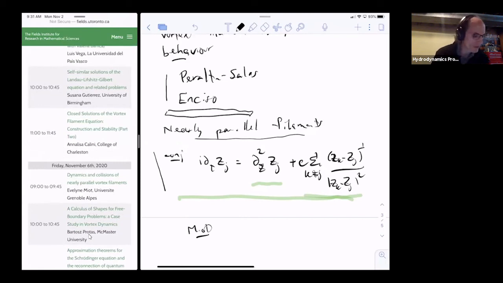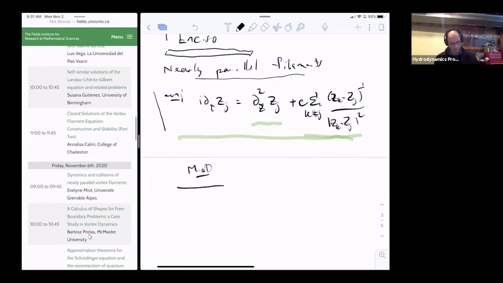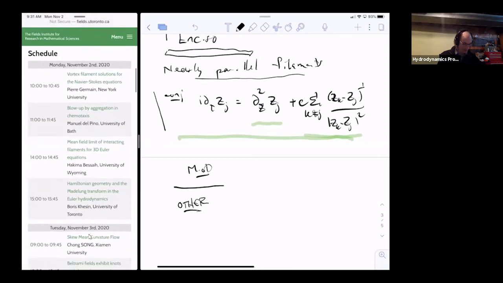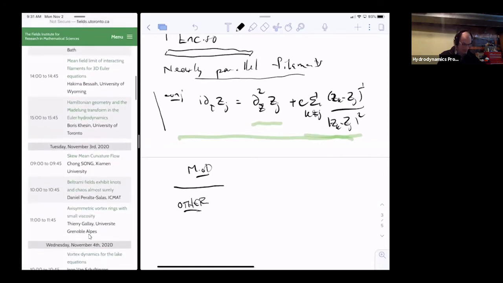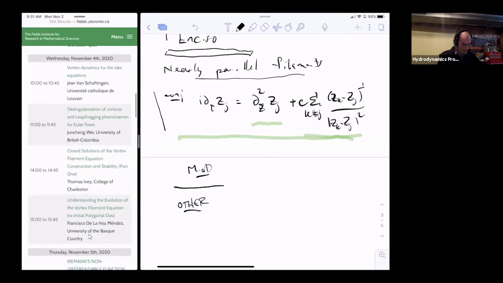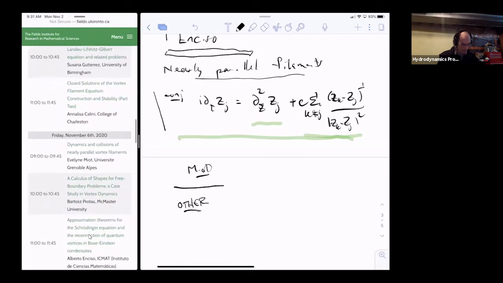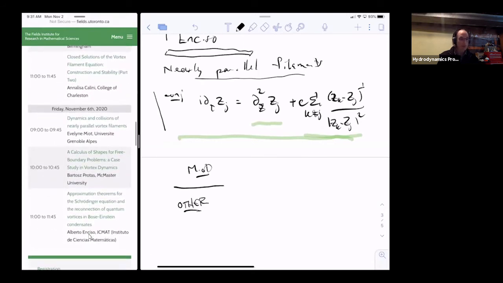And then let me just say about the others. Well, okay, then there's a category, other. These are kind of diverse. This would include this talk, Besaya, this afternoon, Susana Gutierrez, Bartek Protash from McMaster, and Manuel Del Pino.